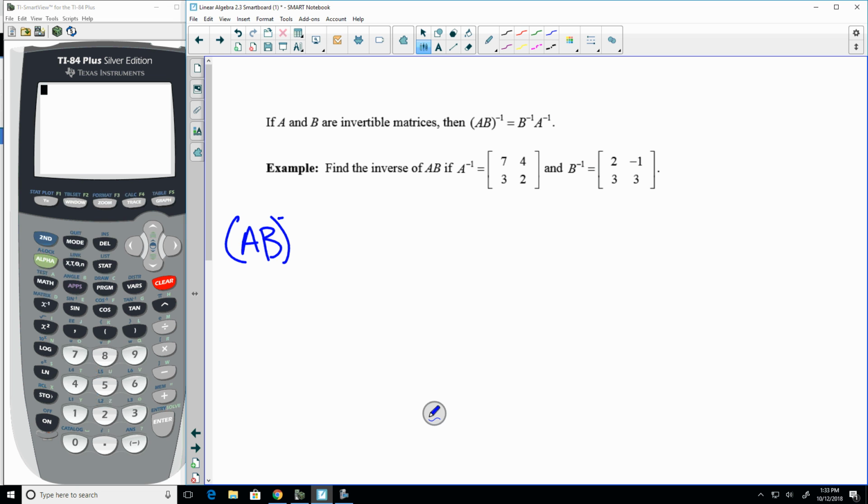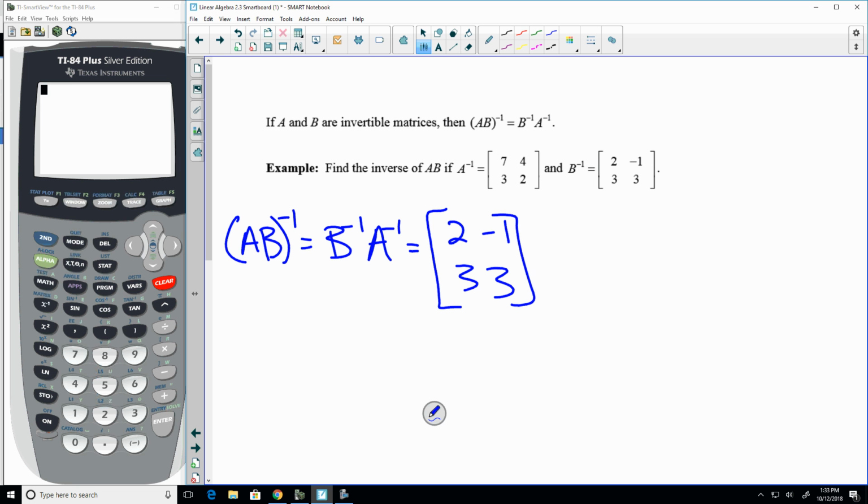So the inverse of this product, and we're given those. So we just multiply those in the opposite order from AB.